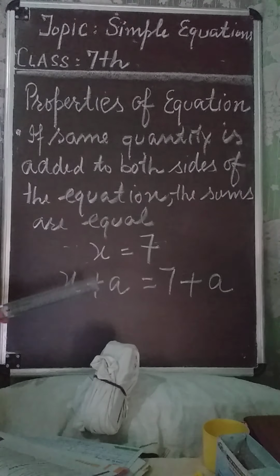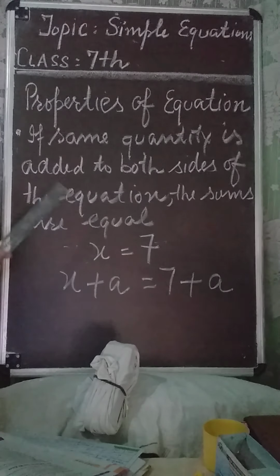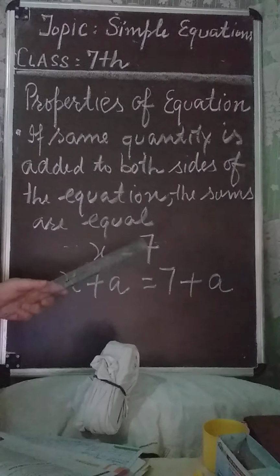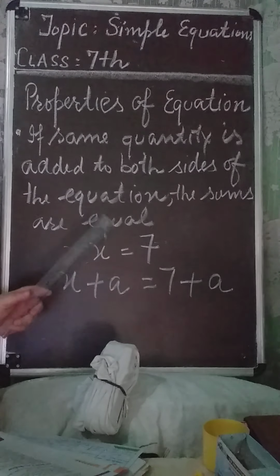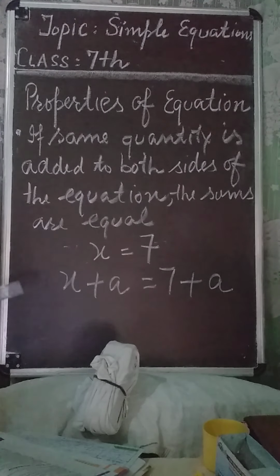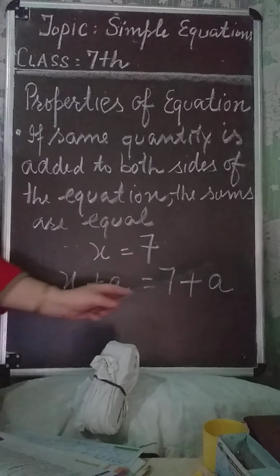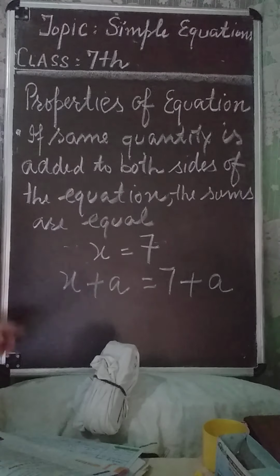So the first property of the equation is that if you add anything on the left side and same thing on the right side, their sum remains same. Okay children, I hope you have understood that a is any quantity, any variable, any number, if I add here or here, the sum remains same.